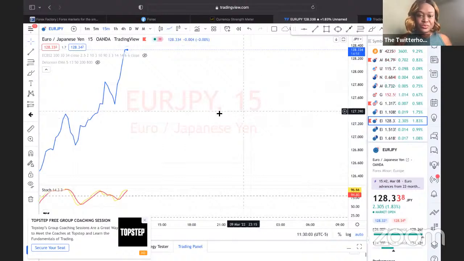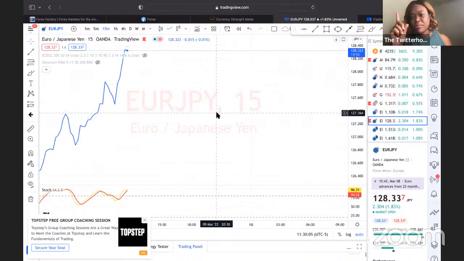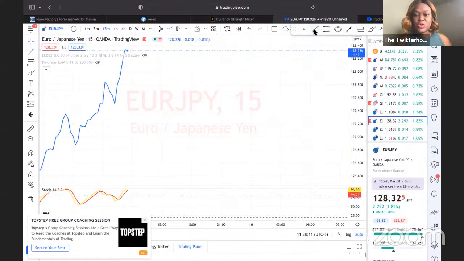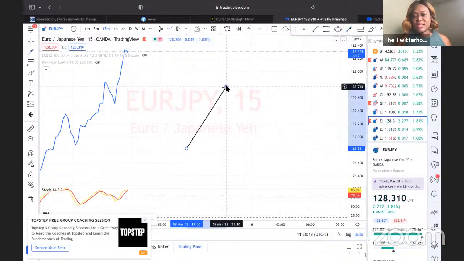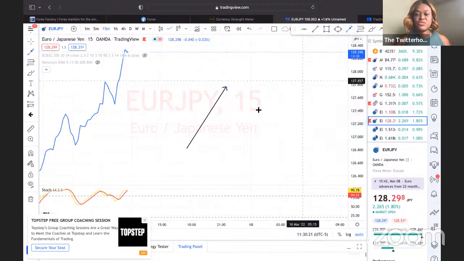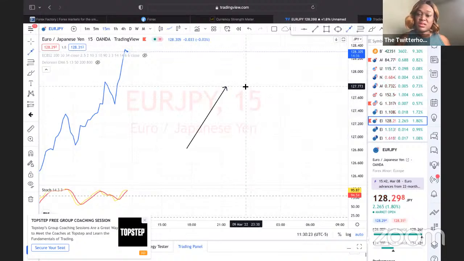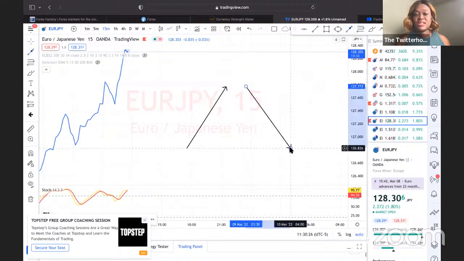So price moves up, price moves down, price moves sideways. Right. So when it's moving up, that's an uptrend. When it's moving down, that's a downtrend.